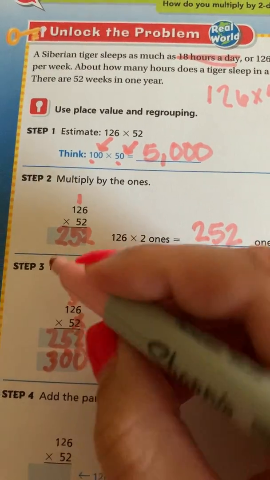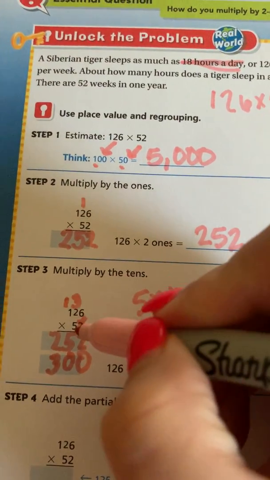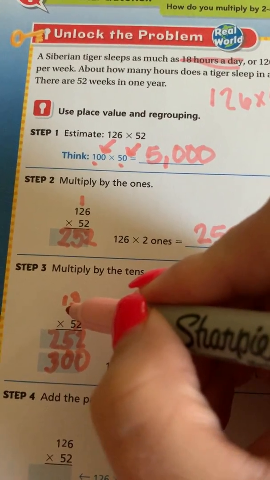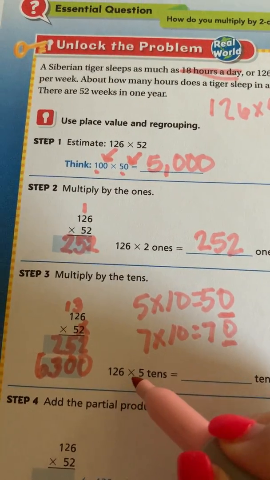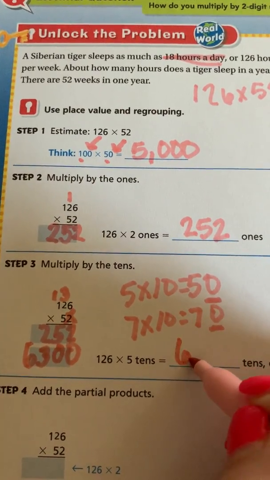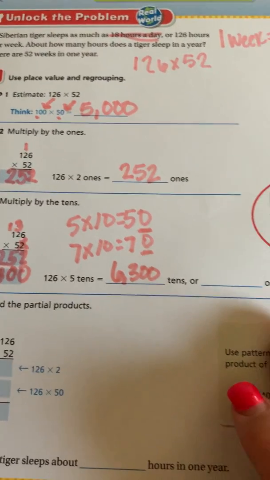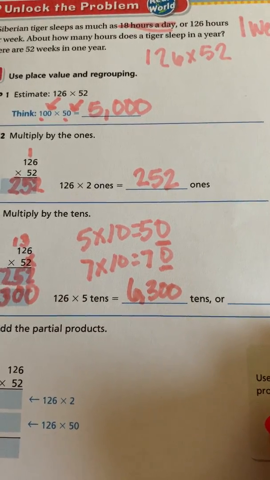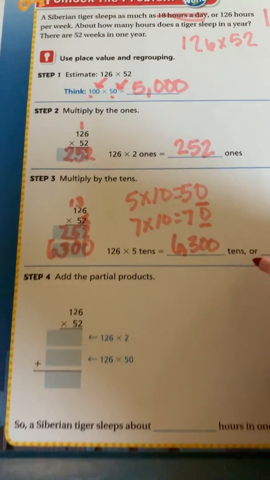And then we're going to regroup to the hundreds place. Okay. And so then we're going to say 5 times 1 is 5, plus 1 more is 6. So 126 times 5 tens is 6,300. Actually, that would be 63 hundreds, or 6,300 ones.